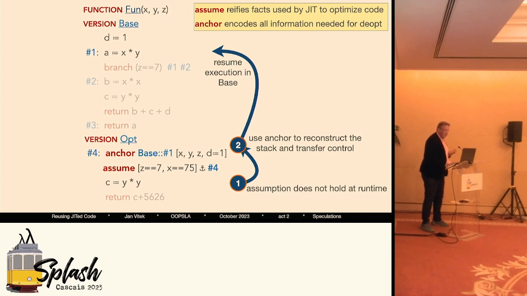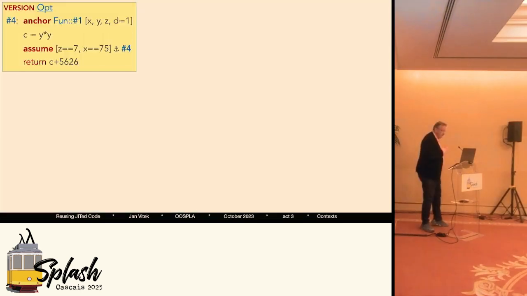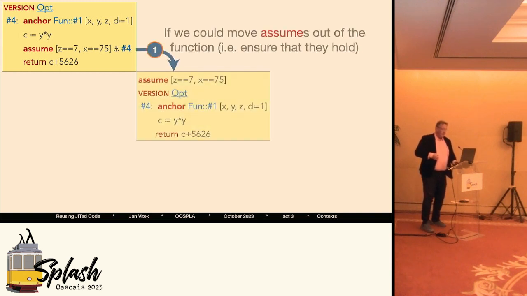The problem with this is de-optimization, wasteful. So what if we wanted to avoid the de-optimization? So then we did some work on that, and the idea is, well, every time you have one of these assumes, this is a likelihood your code will de-optimize. So this was my optimized function. What if I could move some of these assumes out of the code of the function and make them like preconditions.